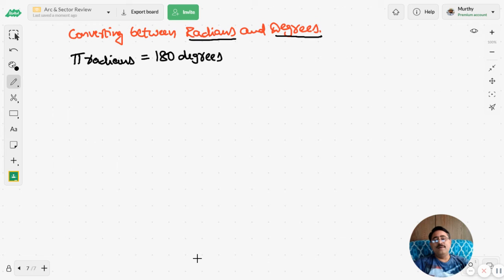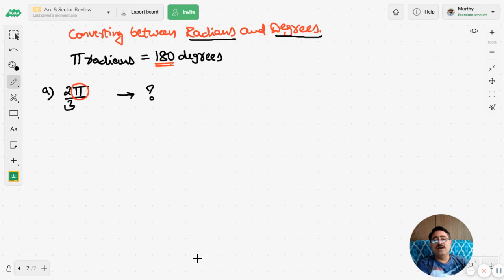For example, say 2/3 of pi is given and you are asked to compute how many degrees. This is a really simple example: in the place of pi, just take 180, as simple as that.